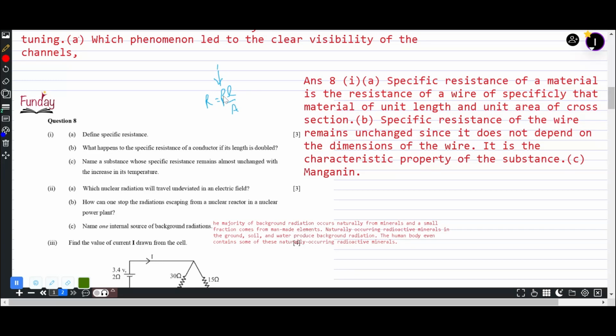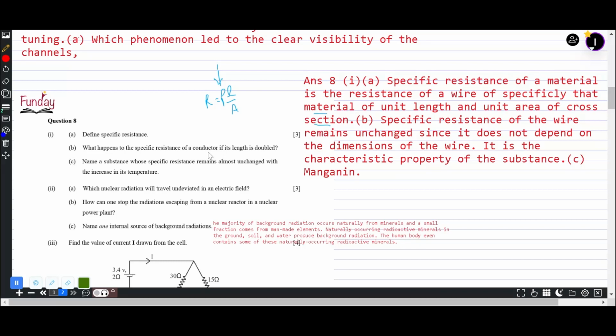If you put L as 1 meter and A as 1 square meter, then R is equal to rho, which is the specific resistance. So the resistance of a wire of unit length and unit area of cross section is the specific resistance.